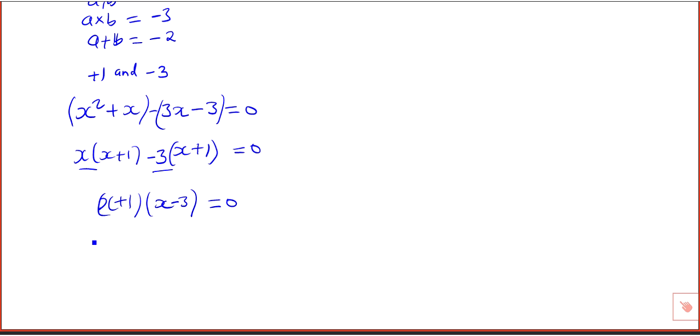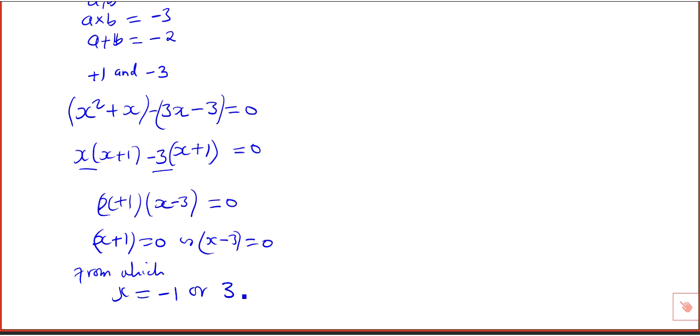Now from here, x plus 1 is equal to 0, or x minus 3 is equal to 0, from which x is either negative 1 or positive 3. If 1 crosses the equal sign, it becomes a negative, and when 3 crosses the equal sign, it becomes a positive. So the value of x is equal to negative 1 or 3.